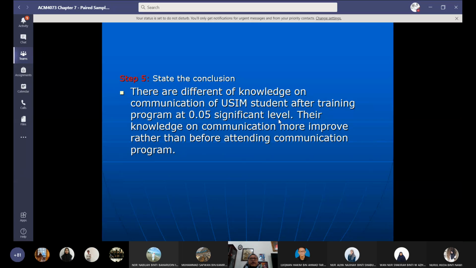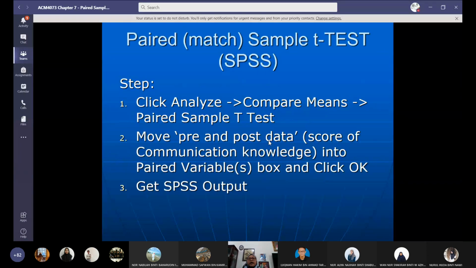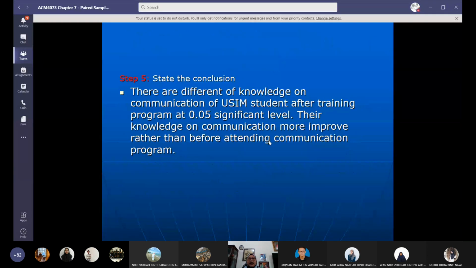Their knowledge on communication improved more than before attending the communication program. So that is how you do the decision for the T calculation.